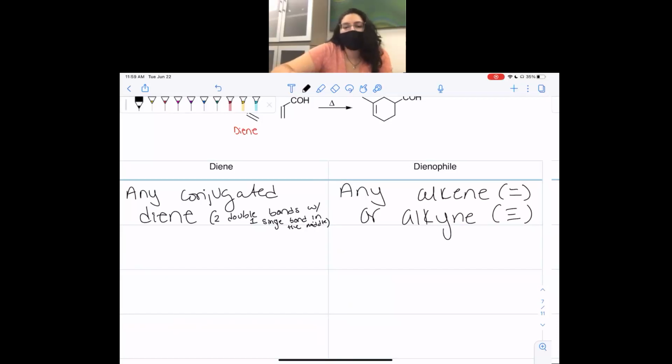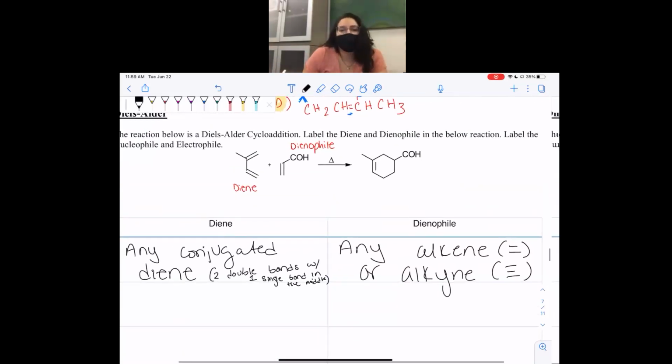Cool. So, between the diene and the dienophile, which one do you think will be the nucleophile? Okay, some people are saying the dienophile, some people are saying the diene, and that's okay.